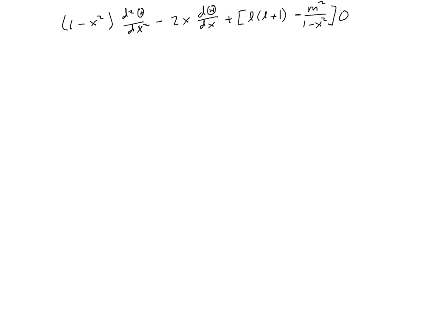where you might have something like, let's see, 1 minus x squared times d squared theta dx squared, minus 2x d theta dx plus L times L plus 1 minus m squared over 1 minus x squared theta equals 0.